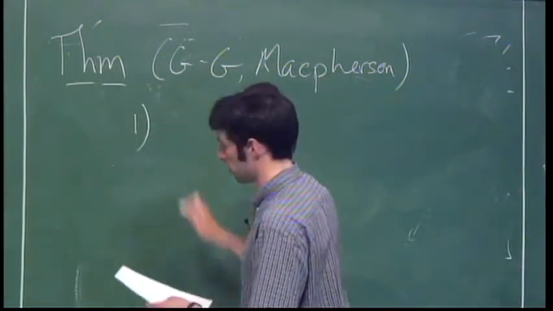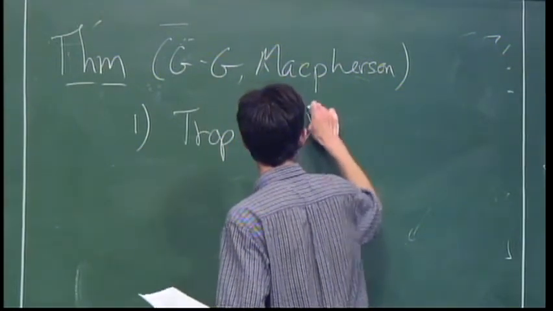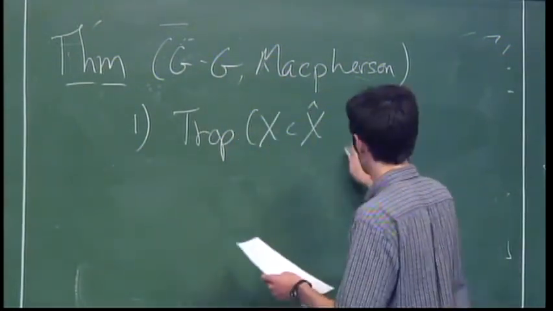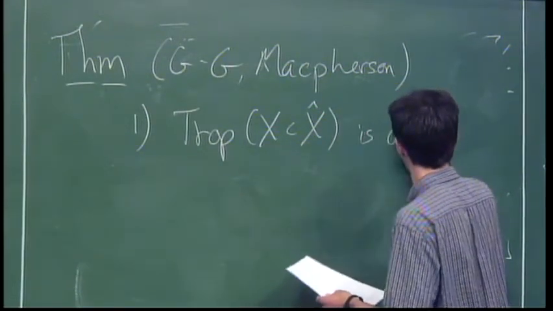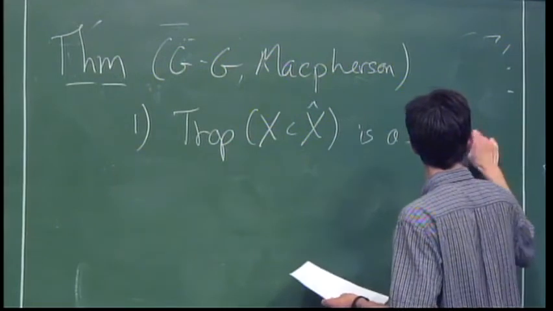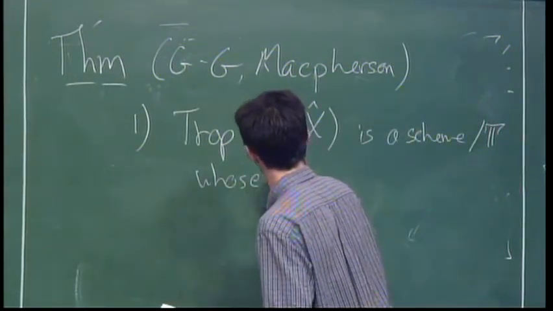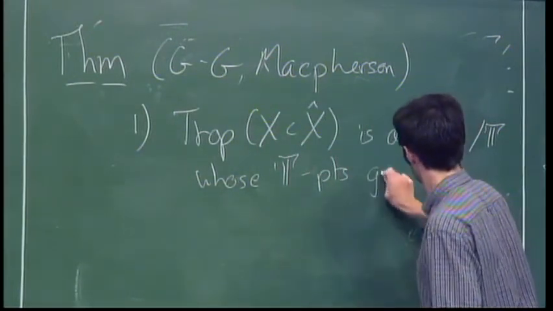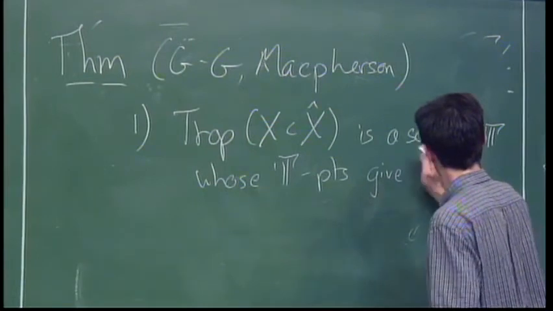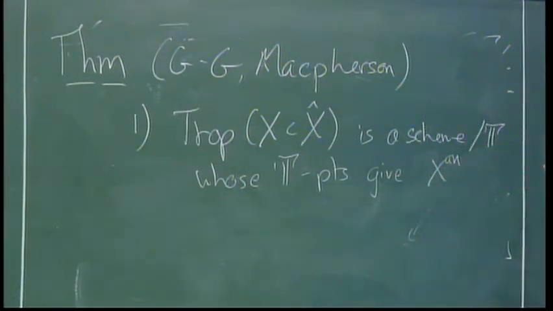So this universal tropicalization, we already said this is a scheme over T whose T points give the Berkovich analytification as a set.